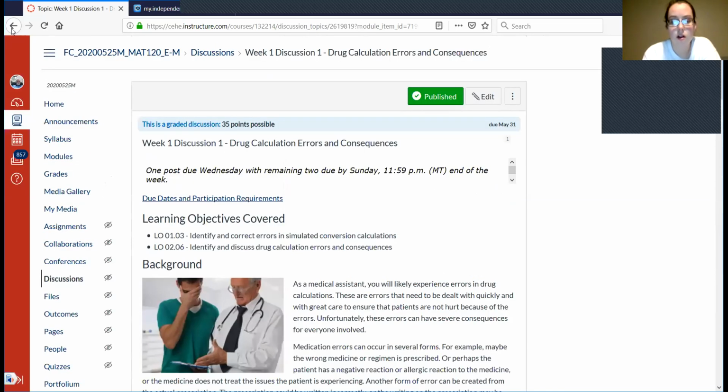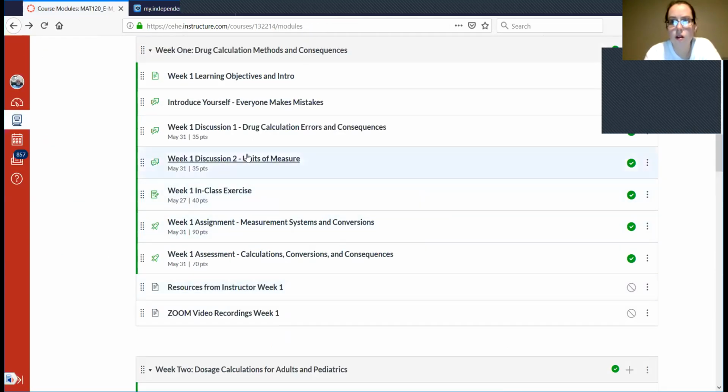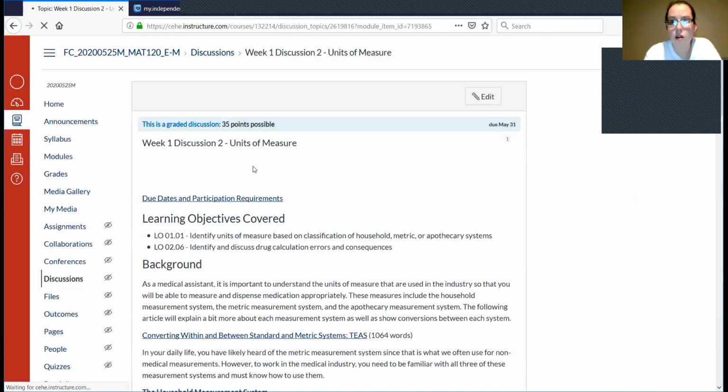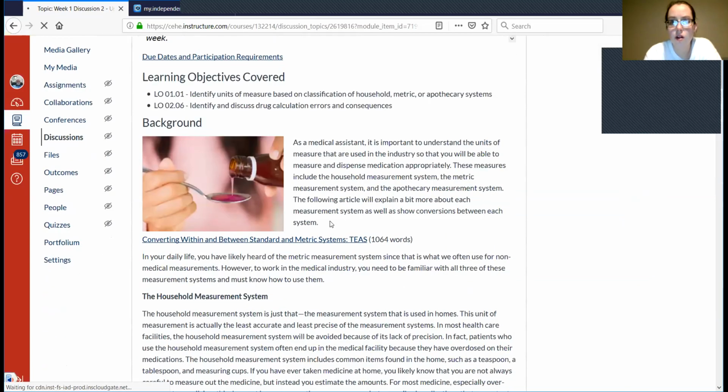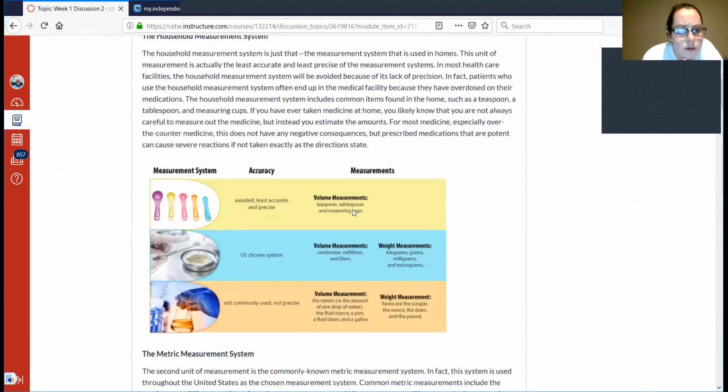So the next is discussion number 2, which is units of measure. Now you probably remember a lot of this from Pharmacy 200, and you probably saw smatterings of it in other classes. But we have 3 systems that are used in medicine.